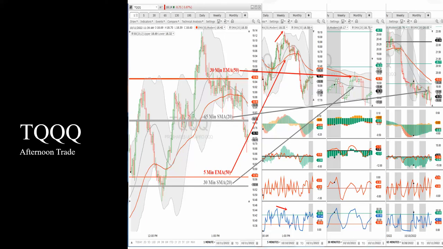Look at that. It tests it twice. Once, twice. And then it goes up, and then it comes back down under the 30-minute EMA 50. And look what happens. It's under the line, and it can never get back above it, and then it fails.